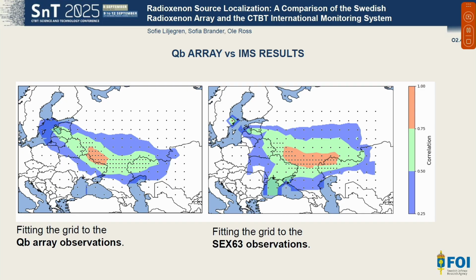So that's the first thing: you get a smaller area of very high correlation. And the second thing is, you see this high correlation around Stockholm, which is also where the station is located. When you use a grid approach like this and you only fit to one station, you will always find a perfect solution for a local source. But when you use the array, you remove this probability of a local source.